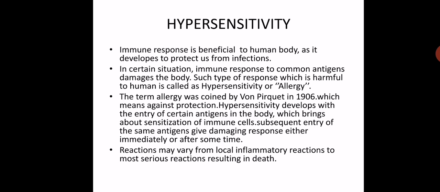Sometimes there is a delay in the development of reactions, and that is termed delayed type of hypersensitivity, where we observe the symptoms after some time. Reactions may vary from local inflammatory reactions to the most serious reaction resulting in death.